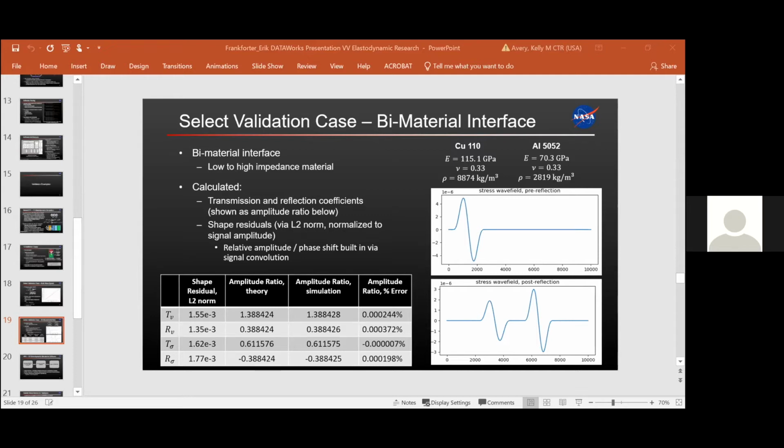Using an L2 norm, we're able to calculate shape residuals, relative amplitudes, and a phase shift built in for certain reflection conditions. And again, we're able to show convergence within numerical error to certain cases. I think these are pretty neat cases to go through.